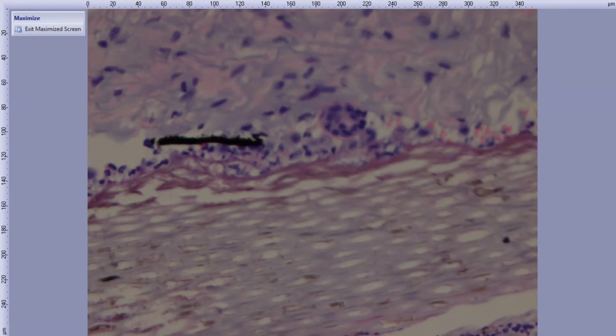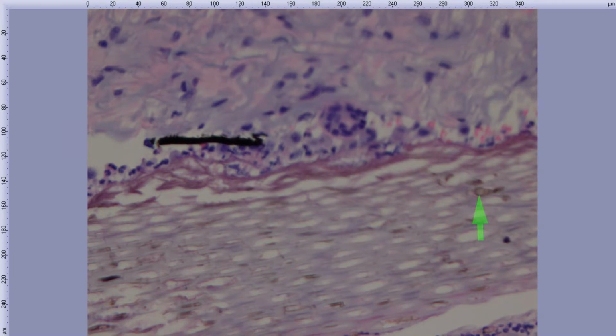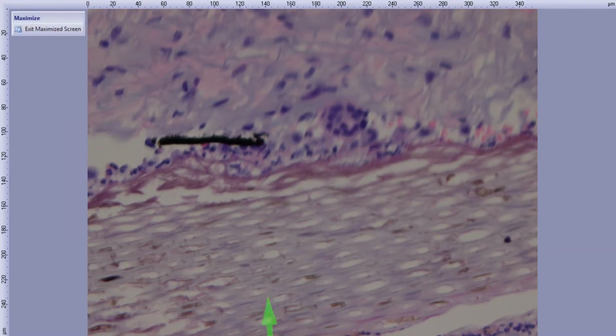I was having trouble focusing that a little bit, but let me turn this. You see this right here? And actually, we have a lot of little fungal organisms, and here's another one right here.